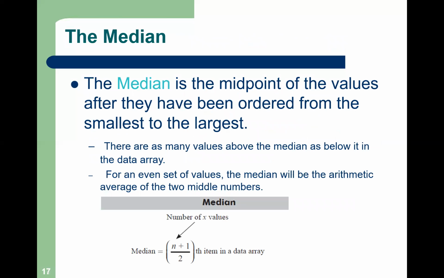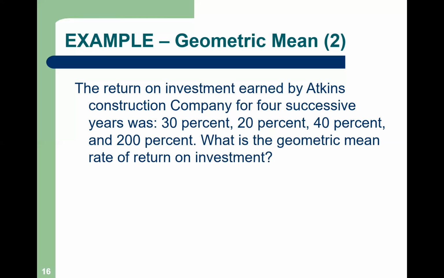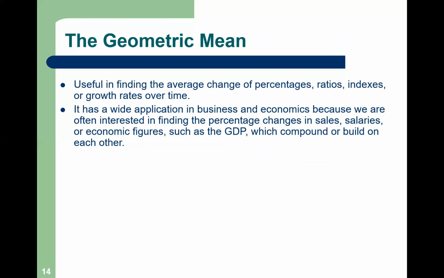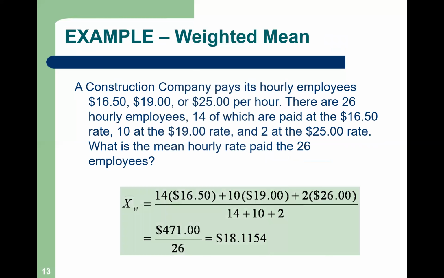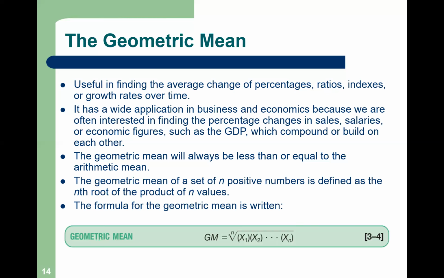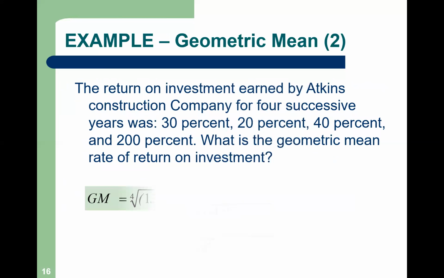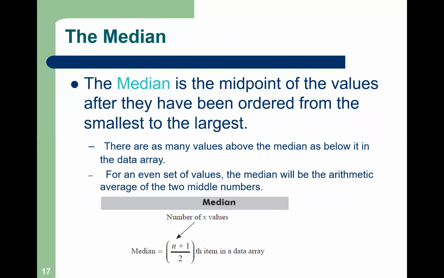The second important measure of central tendency is median. First we talked about the mean values, and there are 3 types of mean: arithmetic mean, geometric mean, and weighted mean. Now we are going further to find out another measure of central tendency.